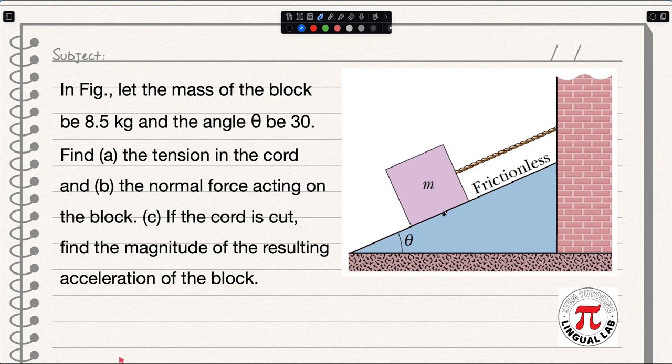The two press against each other, so this normal force should be in the direction perpendicular to the surface. That's the normal force, always perpendicular to the attached surface. Let's write this as the normal force.